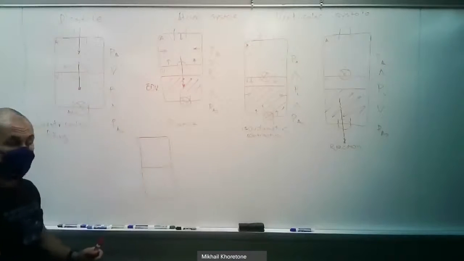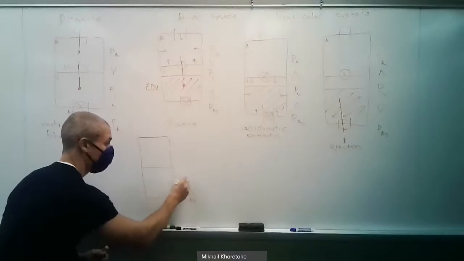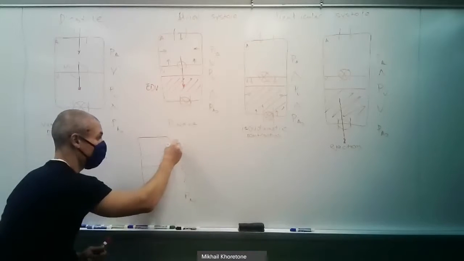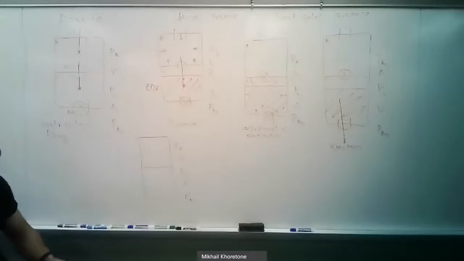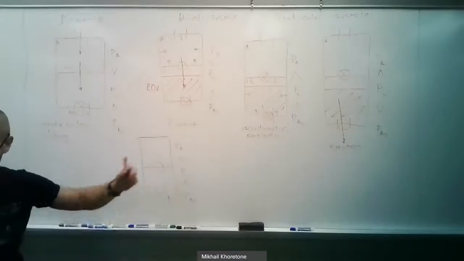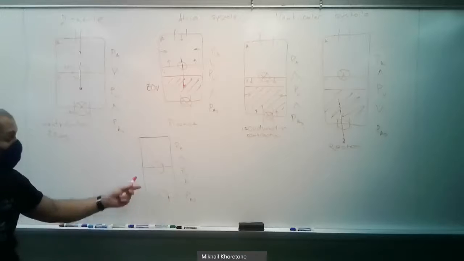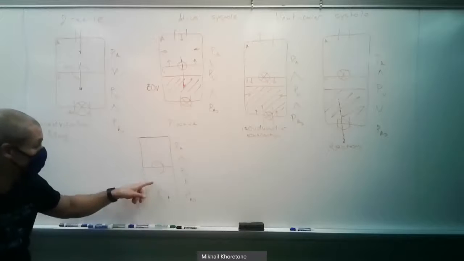You have aortic pressure higher than ventricular, but ventricular pressure is still higher than the atrial. Didn't we see these pressure relationships already? Which stage? Isovolumetric contraction.